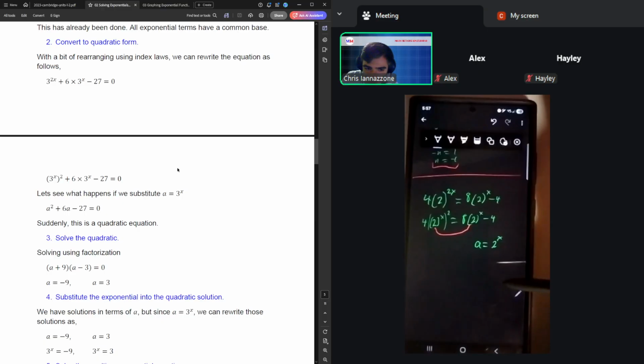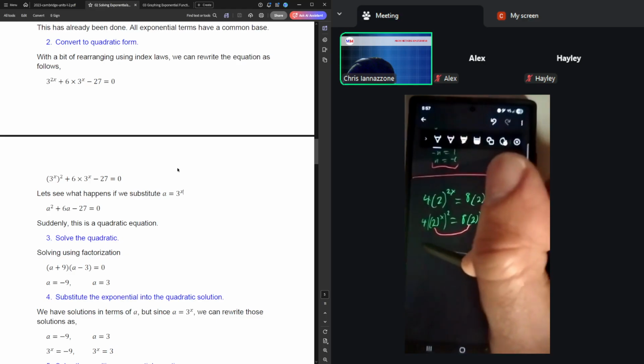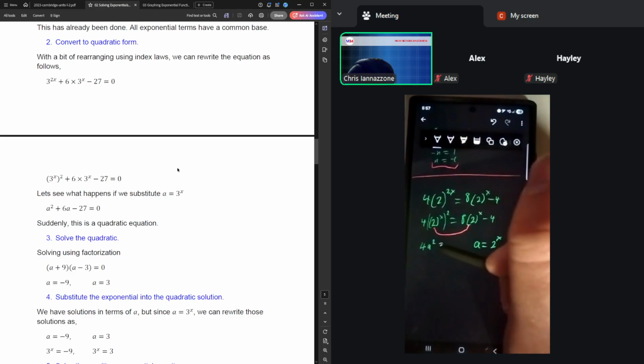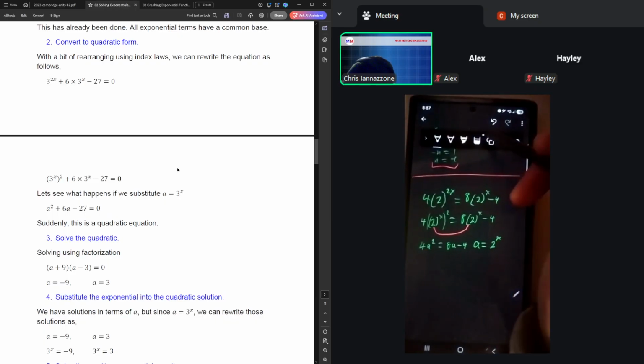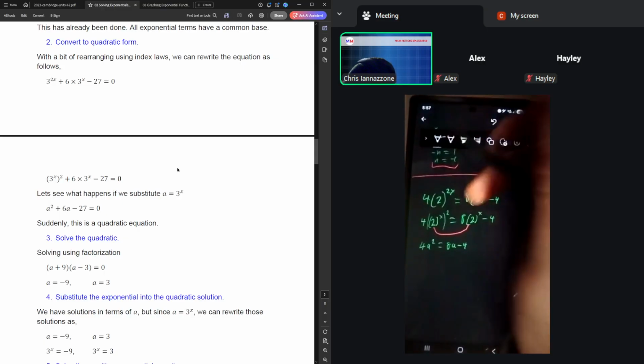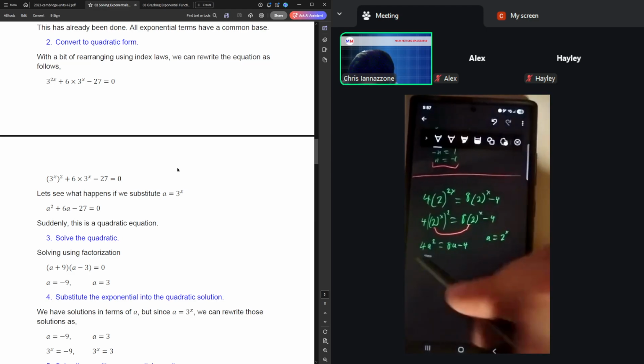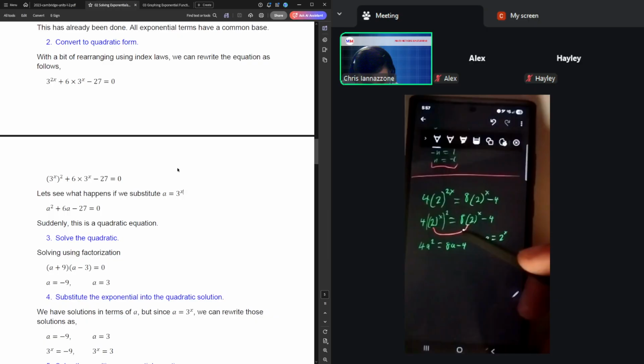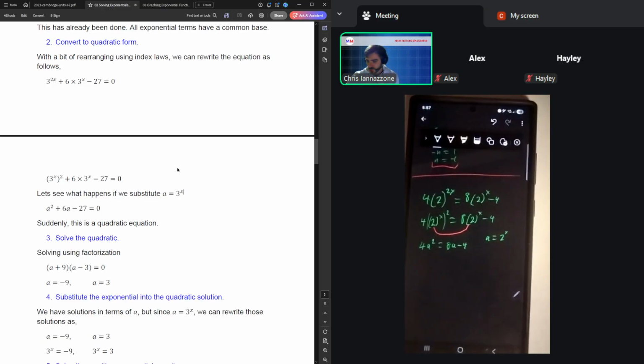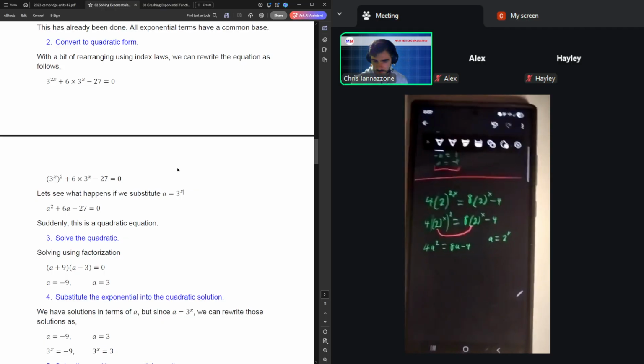It just is a lot nicer to do a substitution, because when you do, you end up with 4a squared is equal to 8a minus 4, and that looks a lot simpler to solve than this, even though this and that are equivalent. But okay, from here we just have a quadratic. Is there anything to clarify about why we've done that?